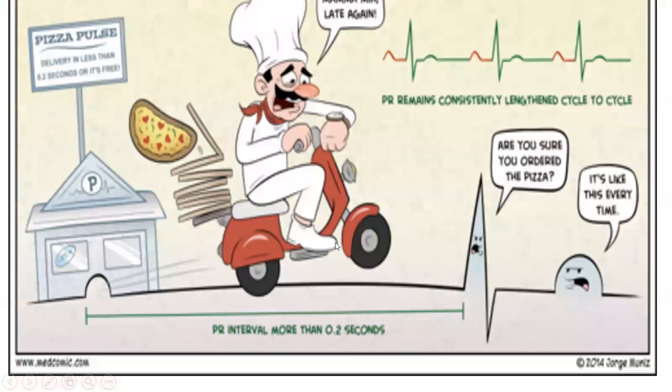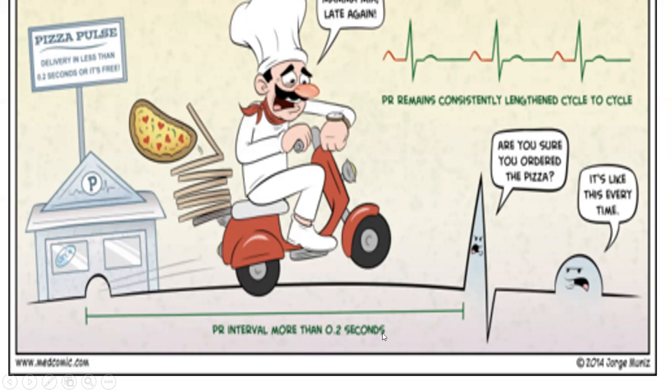And here we are, one of our little funny slides. This is a funny illustration of your first degree. Here we see the pizza pulse: delivery in less than 0.2 seconds, or it's free. And he says that he's late again, talking about the PR interval.